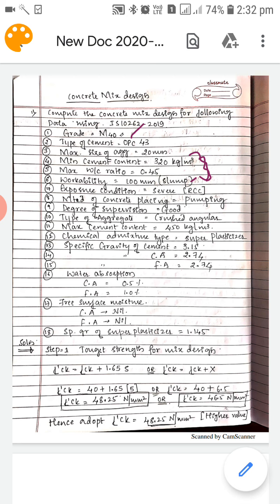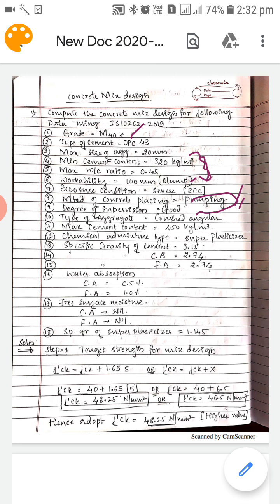Instead of giving the workability in terms of all these three parameters, that is slump, VB time and compaction factor, they also can just give the method of placing. If they give the method of placing as pumping, and only give this data, then we have to take the workability as 100 mm slump, because for pumping of the concrete, slump required is 100 mm.